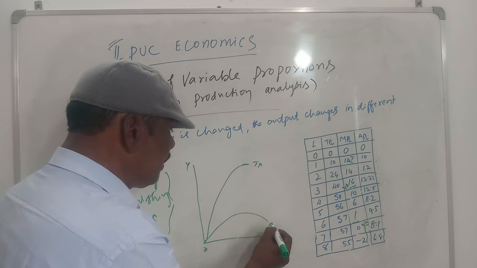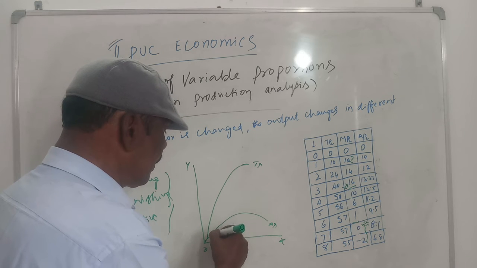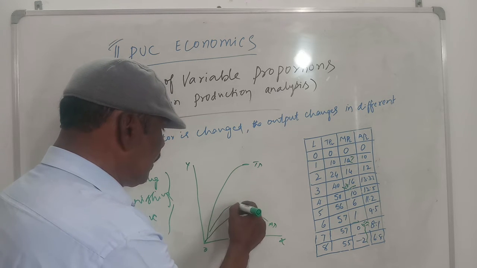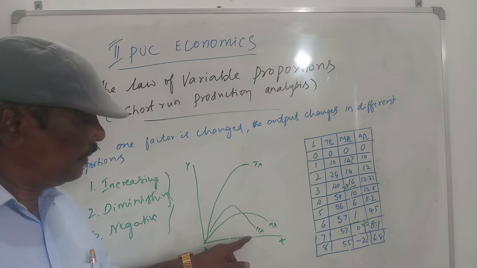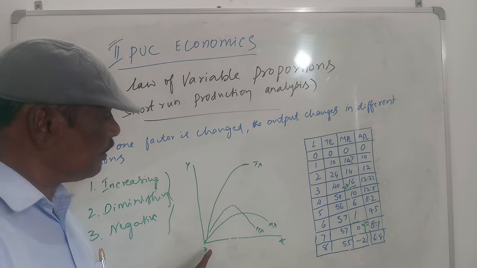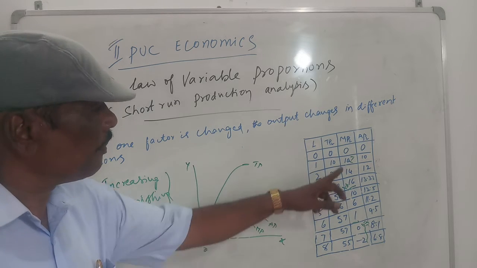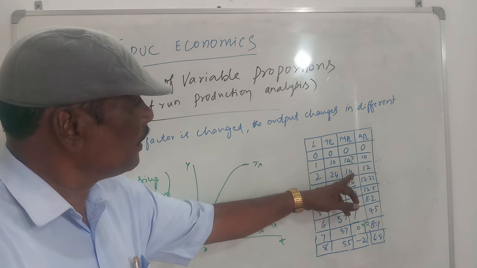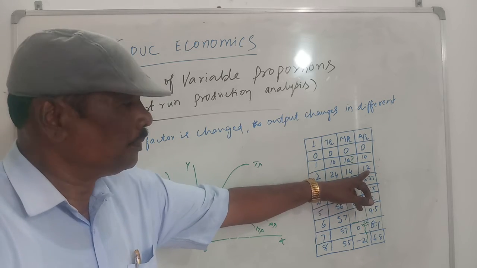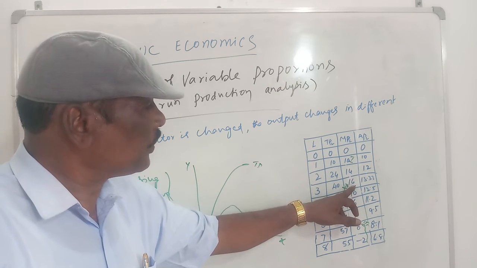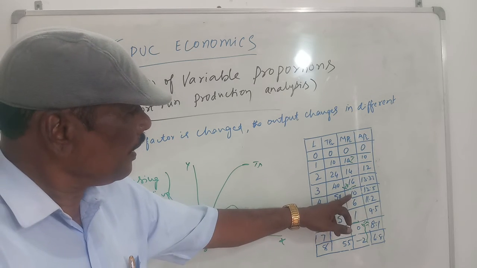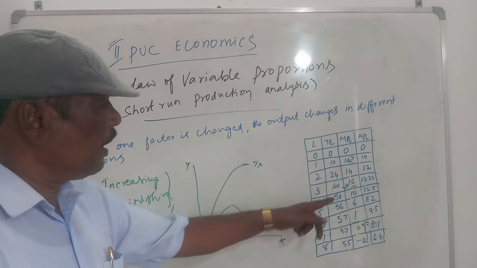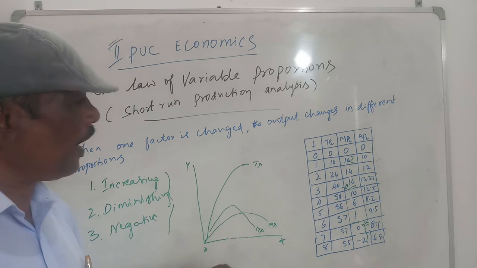This is AP, this is MP. So MP increases more than AP. When MP was 40, AP was 12. Average product was 12. When MP was 16, AP was 13.33. And up to this point, then MP starts falling.